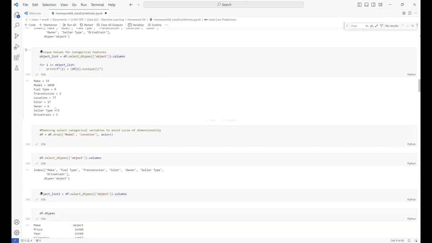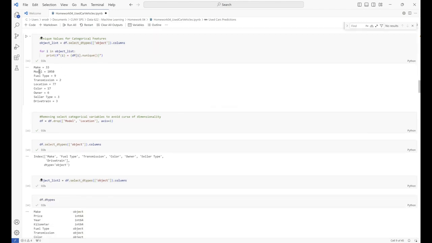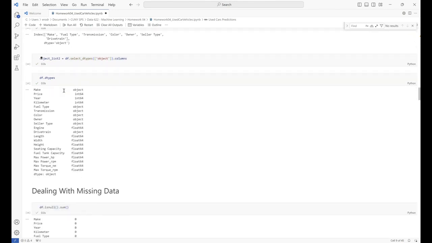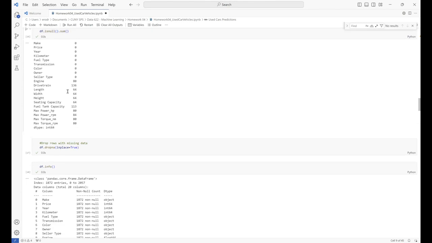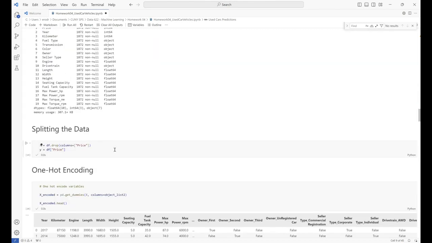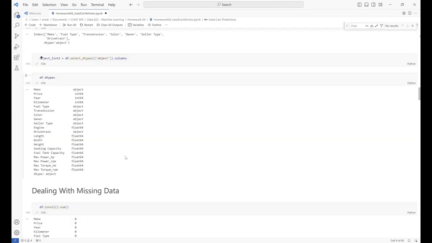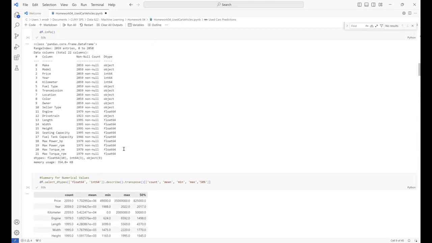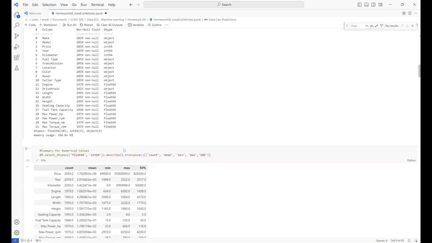So the first pass I did here was to try to identify what the categories were and then split them up using one hot encoding, which I do a little bit further down here.